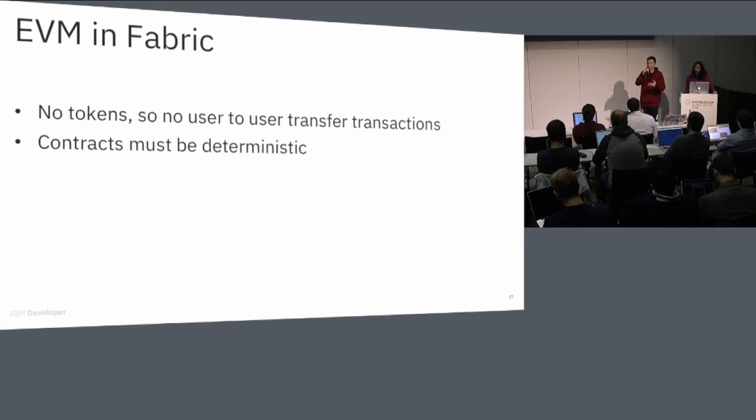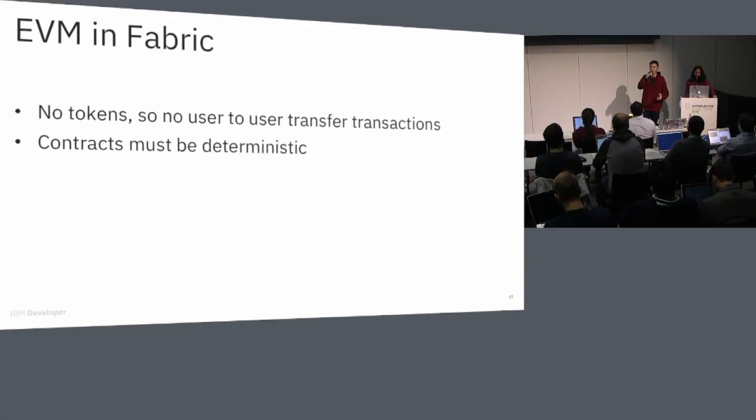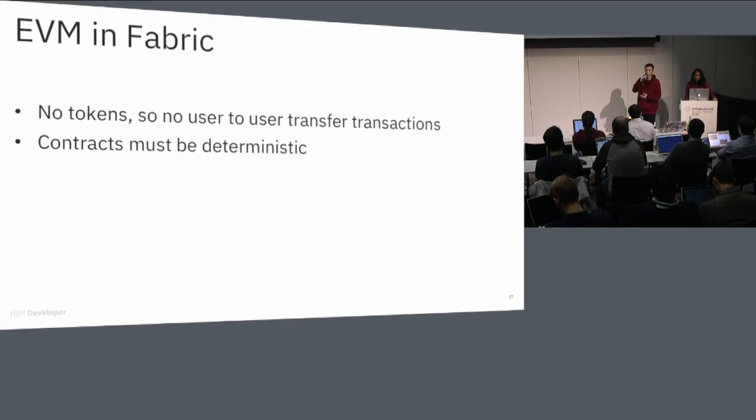By the way, Remix, I personally think, is a pretty good IDE, and there are many more like MetaMask and Truffle, all these frameworks for Ethereum. So once we support smart contracts from Ethereum, we can gain the benefit of leveraging those tools. That's the very basic idea of why we're doing this project.